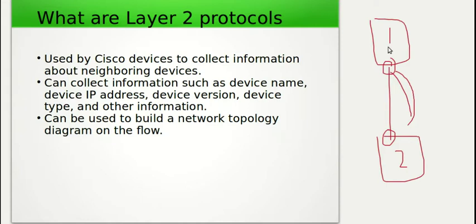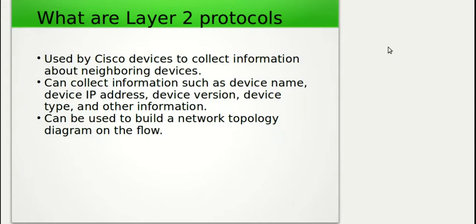And the good thing about these protocols, they allow us to build a network topology diagram on the fly. These protocols allow a device to discover the devices that connect to it. And so by issuing a few show commands, we can begin to build a picture of what devices connect to each of our devices and build a diagram on the fly.